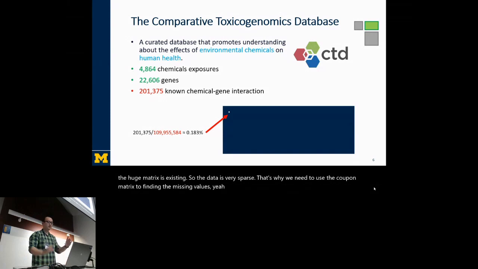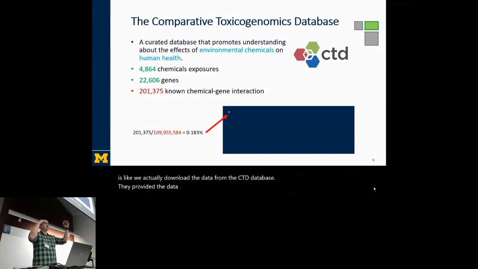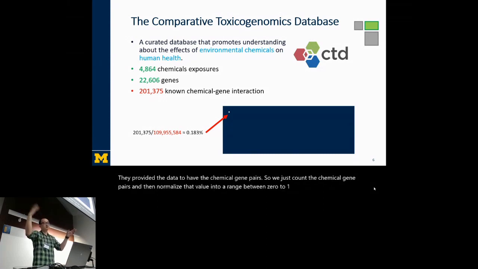This is the data for the main values. We downloaded the data from the CTD database, which provides chemical-gene pairs. We counted the chemical-gene pairs and then normalized that value into a range between 0 and 1, so a bigger number means a higher interaction between the chemical and gene.